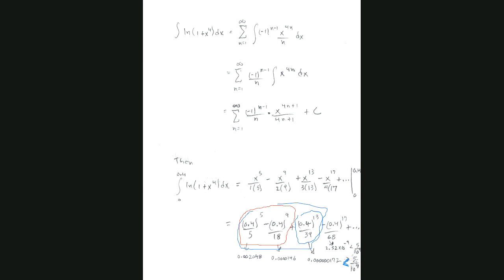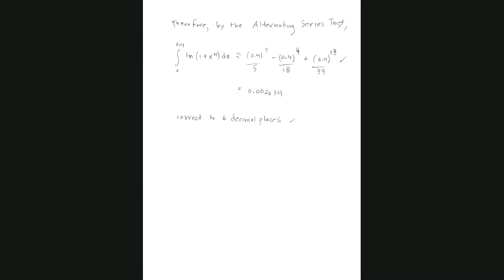Okay. Then by the alternating series estimation theorem, we'll use the first 3 terms of the series. Put it this way: if the first 2 terms of the series give you the accuracy you want, then the first 3 terms of the series should as well.